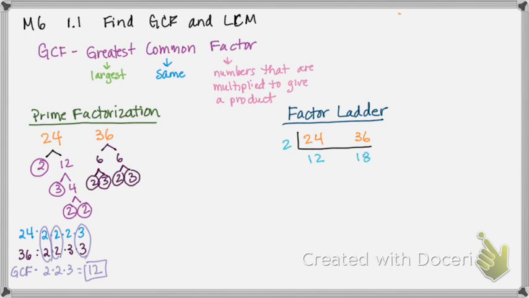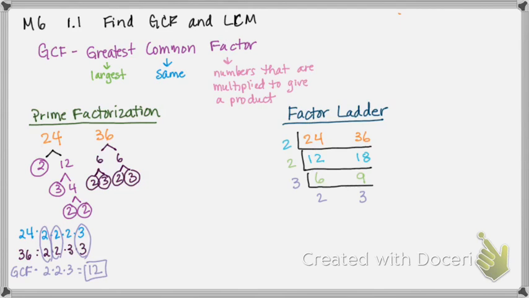But I notice the numbers are even, so that means I could pull out another 2. 2 goes into 12 6 times, and 2 goes into 18 9 times. But you know what? I know that there's a number 3 that can go into both of those. So I'm going to factor out a 3. 6 divided by 3 is 2. 9 divided by 3 is 3. And then I have a problem where I've got 2 numbers at the bottom and there's nothing more I can pull out.